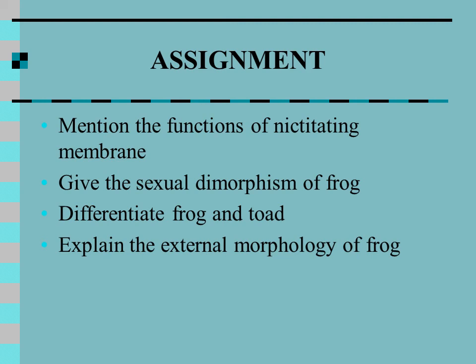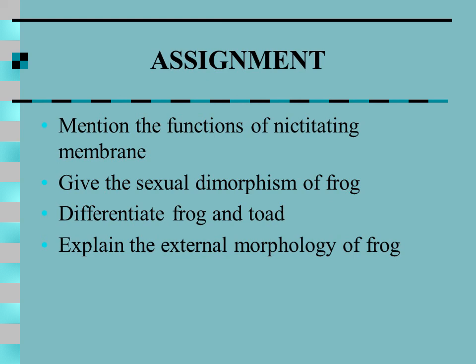Next one: give the sexual dimorphism of frog. How could we differentiate the male frog from the female? During breeding season it is easily observable, especially in the male frog. It produces two structures: one is the pair of vocal sacs, another is the nuptial pad, and these are absent in the female.